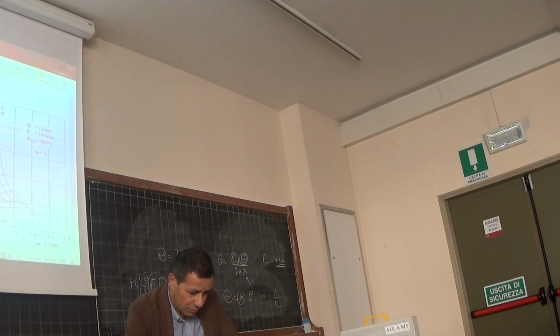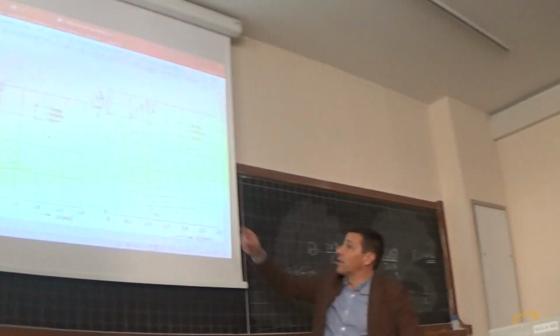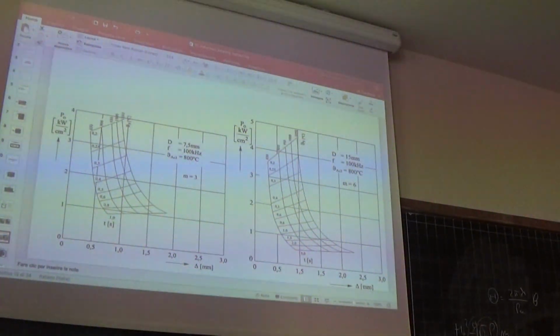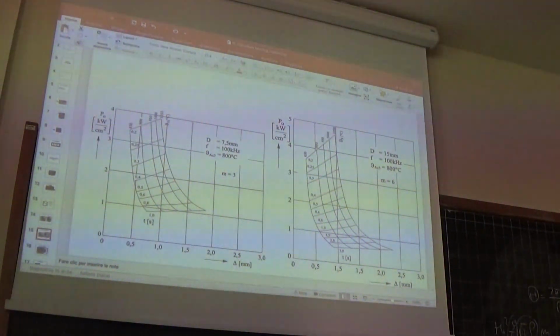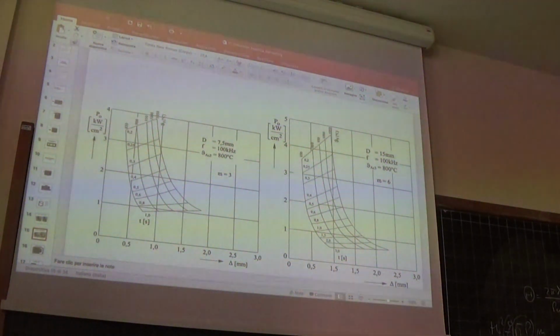These are other examples for a different frequency and for different diameters of the billet. This formula works only on the cylindrical billet. We are speaking about the cylindrical billet. Usually it's the most used geometry for shafts, for other components and so on.